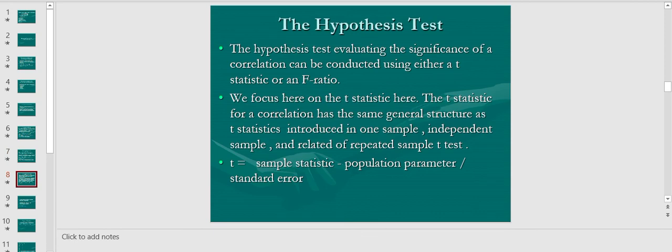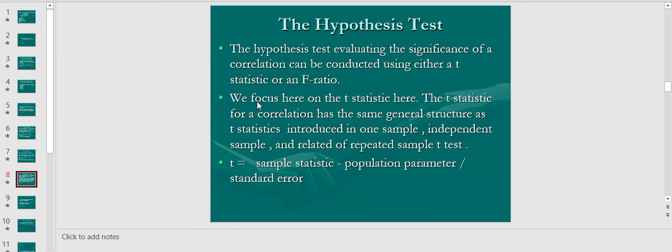Hypothesis tests evaluating the significance of the correlation can be conducted using either a t-test or the f-test. In this lecture, we will use the t-test for the hypothesis testing of the correlation about the population. Although the sample correlation is used to test hypotheses about the population, we should keep in mind that samples are not expected to be identical to the population from which they come.